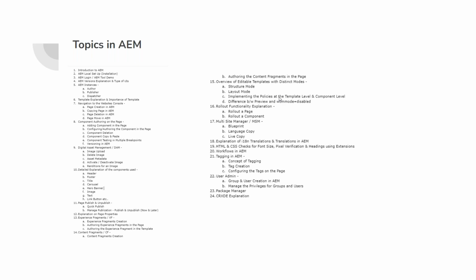So how do you create those groups in AEM? How do you manage those groups? We'll look into that in the user admin topic. This is not that important for authors, but it is generally an important topic. If you want to work in user admin as an author or as a tester, it should be an added advantage.